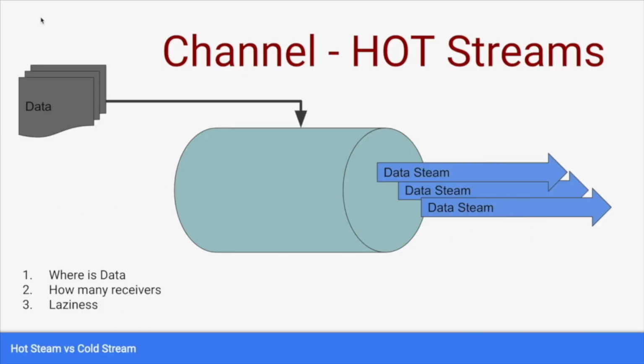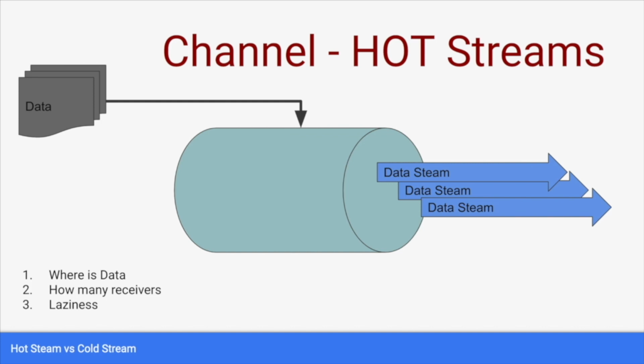We touched on what a Kotlin channel is. Why do we say that Kotlin channels are hot streams and Kotlin Flow, which is an asynchronous series of events, a cold stream? Well, a hot stream or a cold stream can be defined by 3 properties. 1, where's the data? 2, how many receivers? And 3, when does it start and when does it stop?